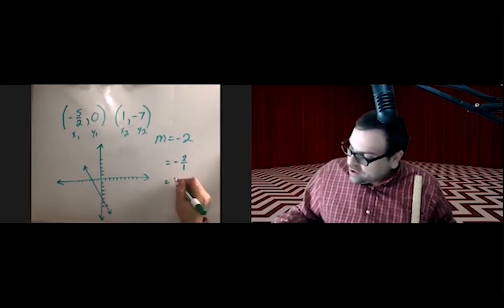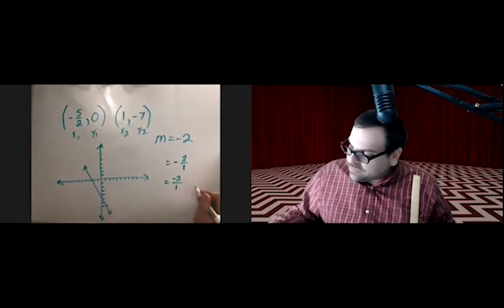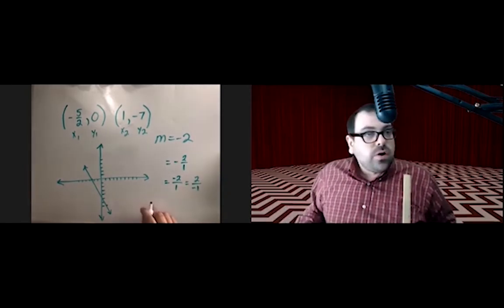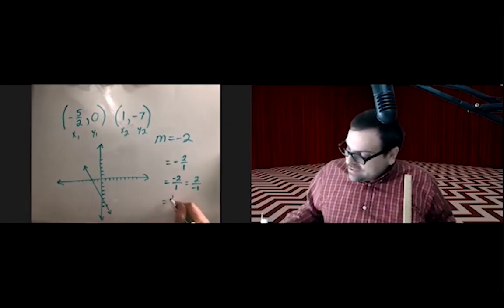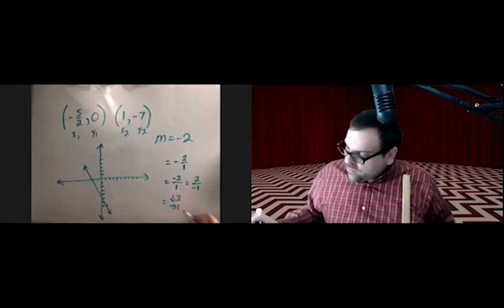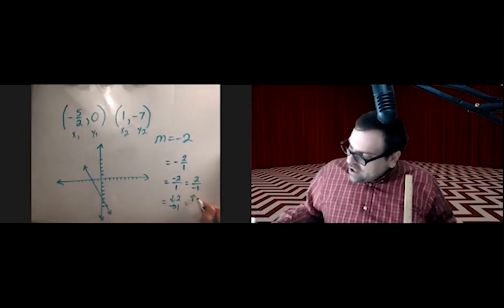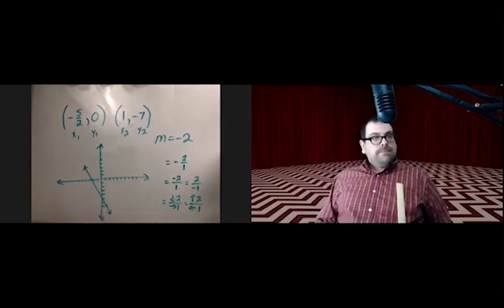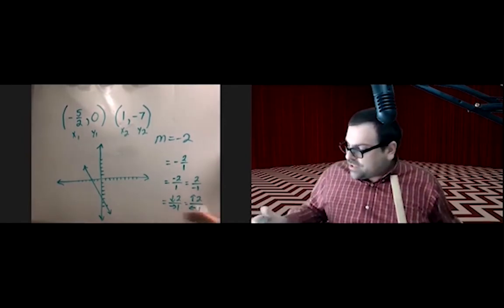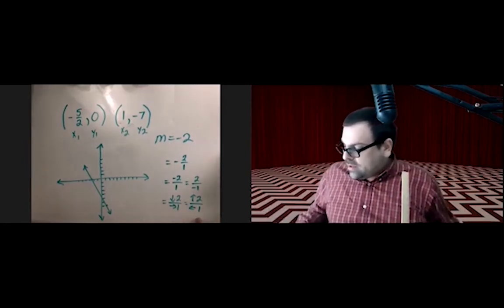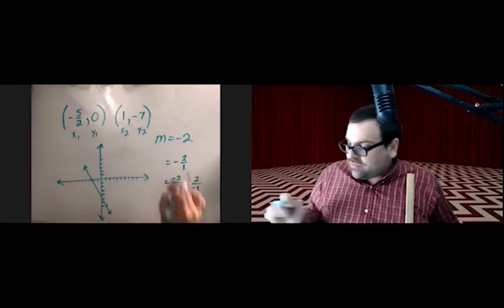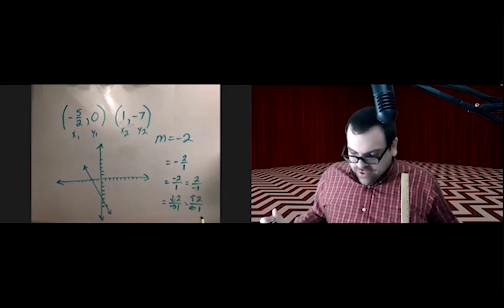So that negative can either go with the top, -2 over +1, or it can go with the bottom, +2 over -1. So this is either down 2 right 1, or it is up 2 left 1. The motions are the same either way, reflecting that the negative can either be with the top or the bottom of a fraction if we have a negative overall fraction.